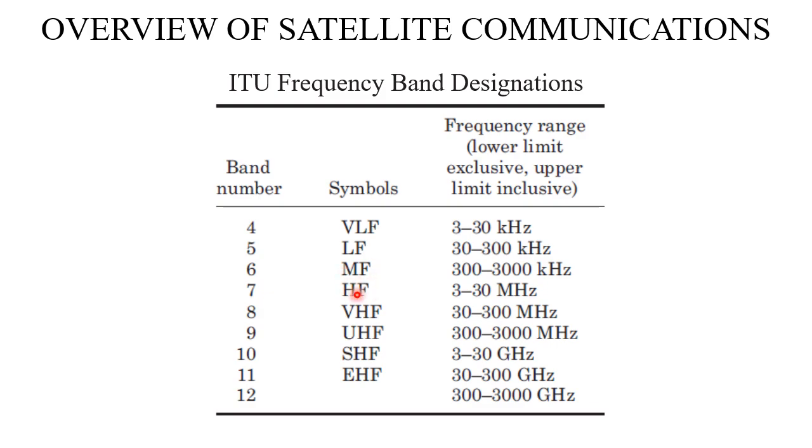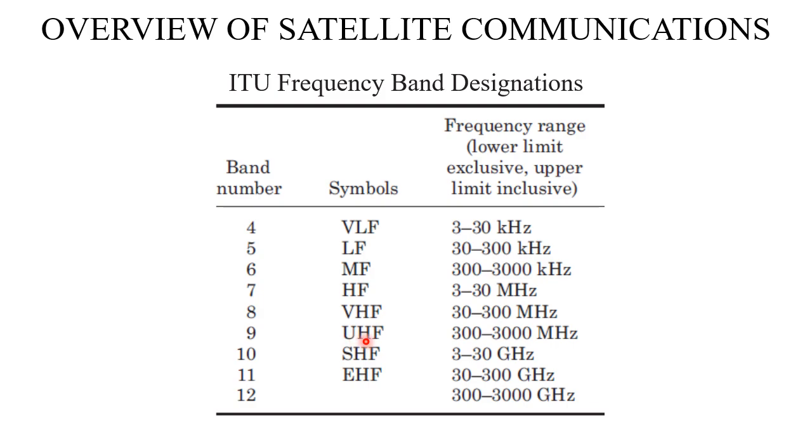High frequency band or HF band is from 3 megahertz to 30 megahertz, and this particular range of frequency is very much suitable for shortwave radio broadcasting. Next one is the VHF or very high frequency, 30 to 300 megahertz. FM signal, FM broadcasting system, they are actually using this particular range of frequency.